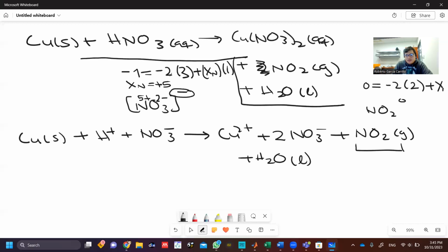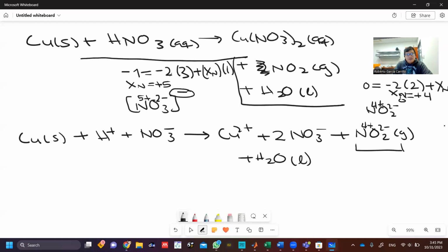So the charge of nitrogen can be solved from this equation, and this gives us that the nitrogen in this compound is +4. That means the nitrogen has a charge of 4+ in this compound, oxygen -2. Here is a 4+ and -2, it should give you a total of 0.